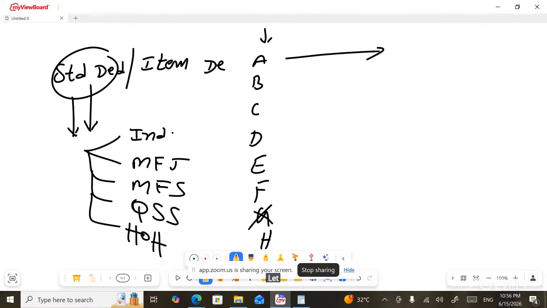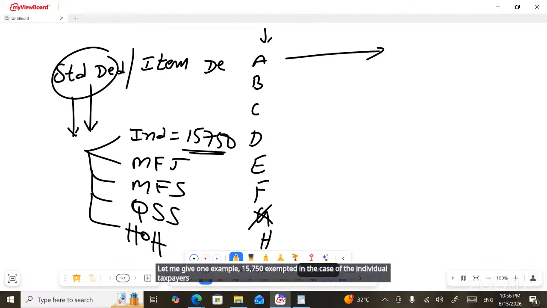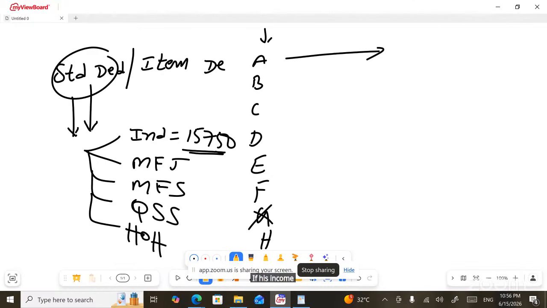Let me give one example. $15,750 is exempted in the case of individual taxpayers. If his income is just $14,000, he need not file a return, he need not pay tax. Suppose his income is 15,750, then also not required. Suppose his income is 16,000.